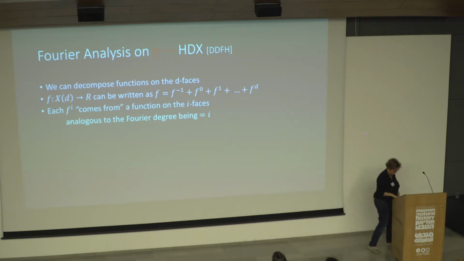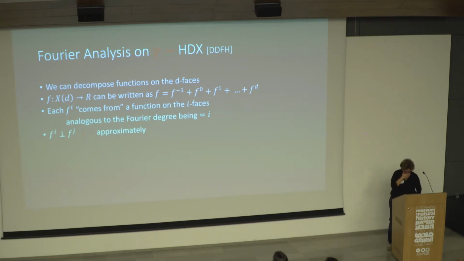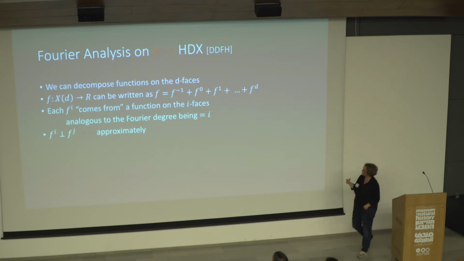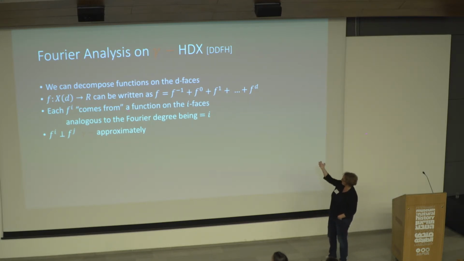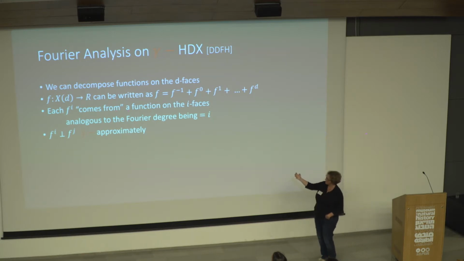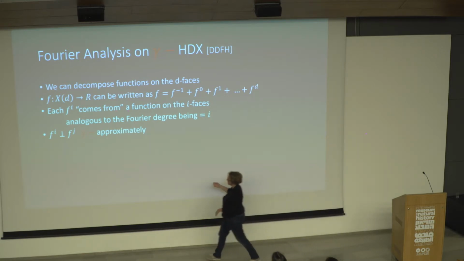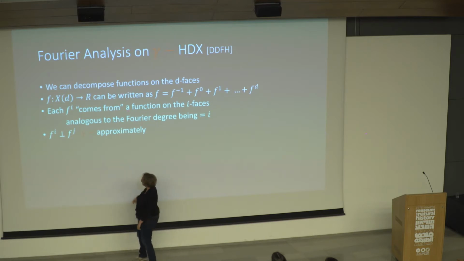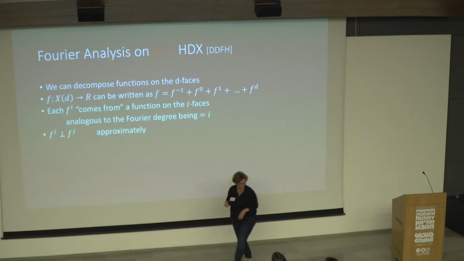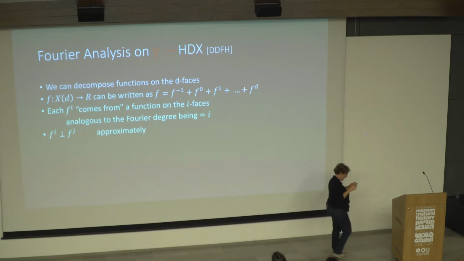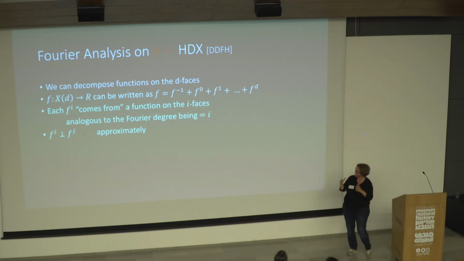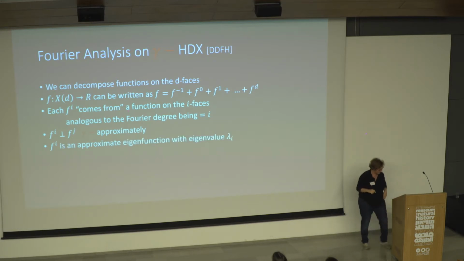So what do you know about this decomposition? You have the f_i. It's the part that corresponds to degree i. These f_i's are orthogonal to each other up to this, I'm sorry, there's a gamma here. They're almost orthogonal to each other in the sense that the square of the norm of f is equal to the sum of the squared norms of the pieces, up to this gamma.